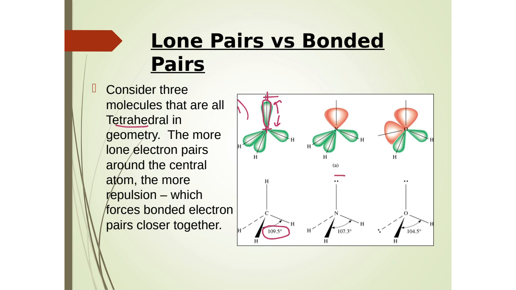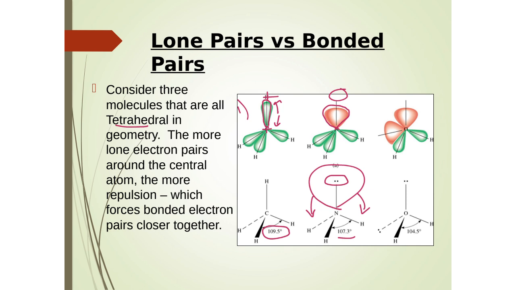As soon as I have a lone pair that I see right here, so here's the ammonia molecule. Notice now how the negativity around the lone pair is bigger. And again, it's because it doesn't have anything on the end here to attract those electrons and elongate the electron cloud. This area of negativity pushes down on your bonded atoms, and it causes the bond angle in between to tighten up a little bit and decrease to 107.3.